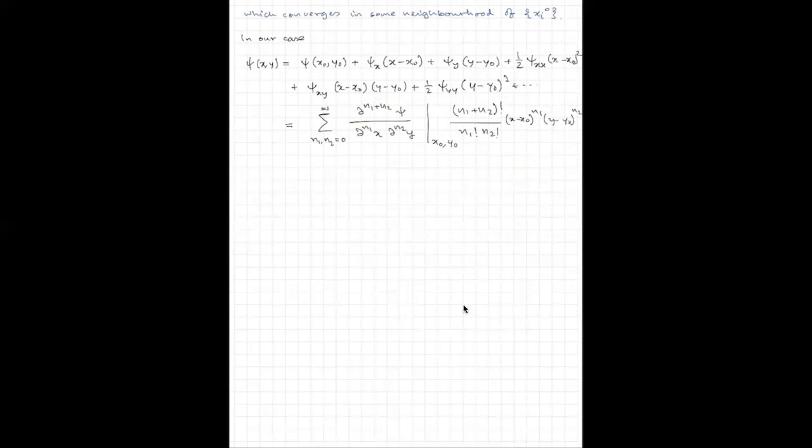Okay, so now we can determine an analytic solution in the vicinity of the point x naught y naught on this curve C if the coefficients of this expansion, which are various order derivatives of psi, can be determined at this point x naught y naught. So this is what we would try to determine systematically as we go along.